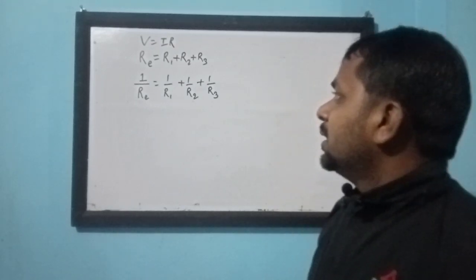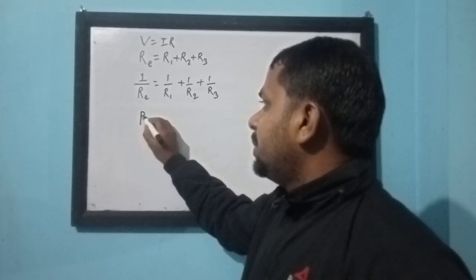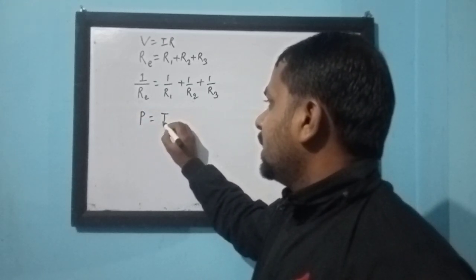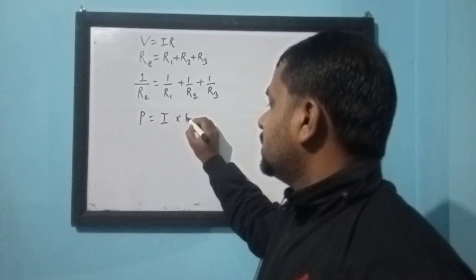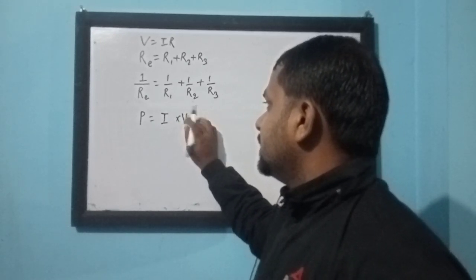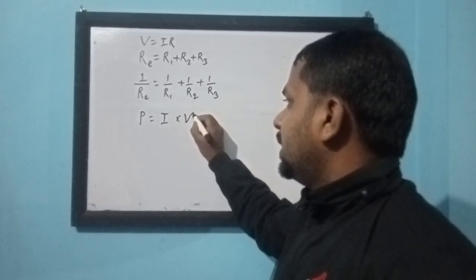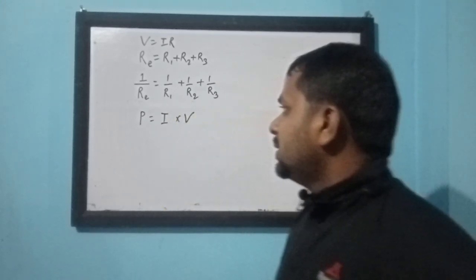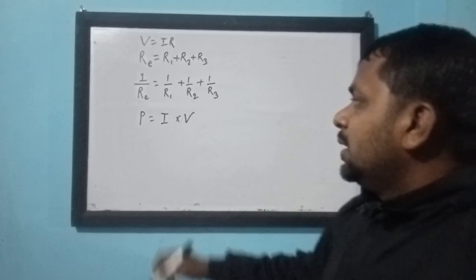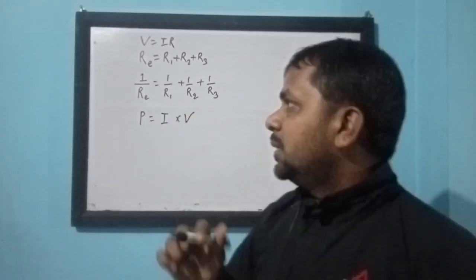Also, one formula is there: electric power is equal to current into voltage, that is potential difference. Electric power is equal to current into potential difference. We everybody must know what these symbols are.